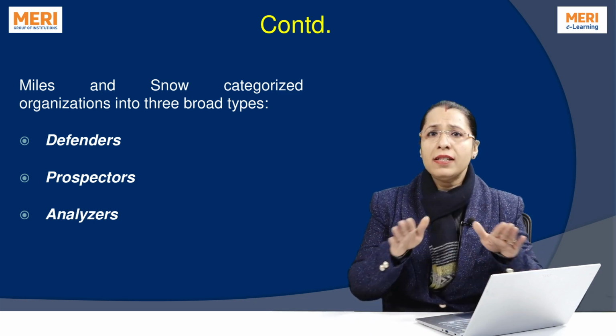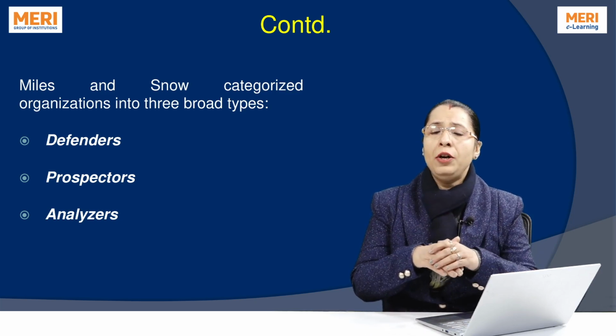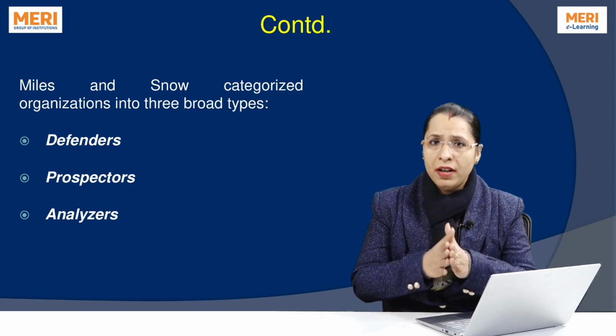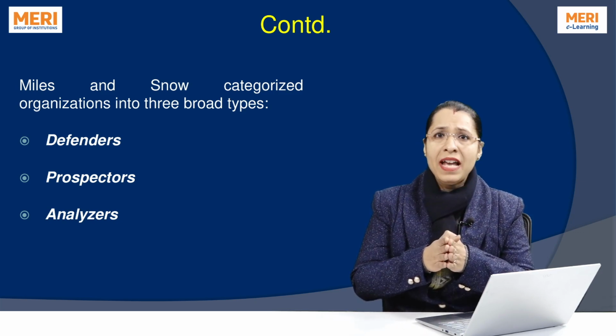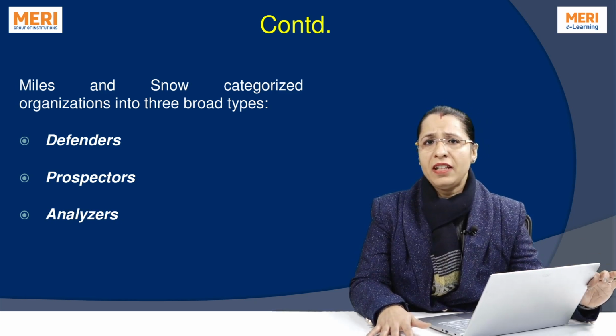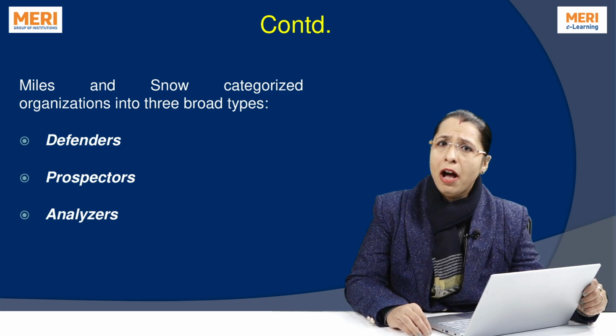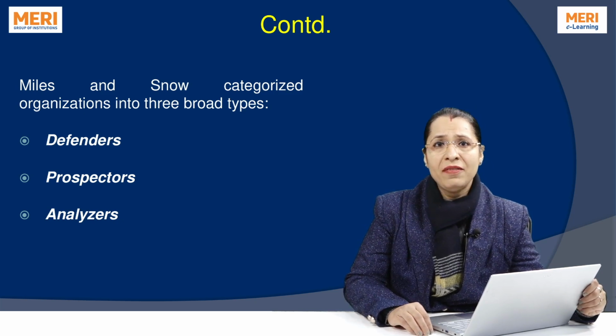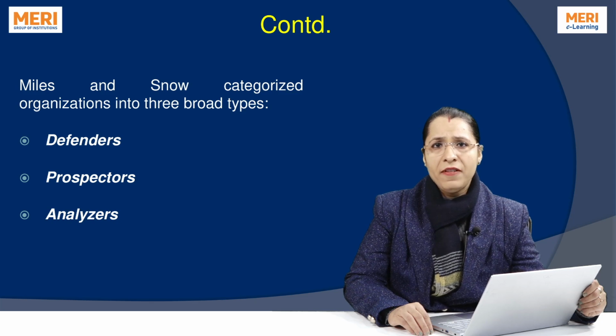This dual strategy allows the analyzer to maintain a stable product mix while optimizing system efficiency. Now, this classification helps define how HR strategies align with the organization's goals and market dynamics, emphasizing the need for HR practices to be adaptable to different business environments.